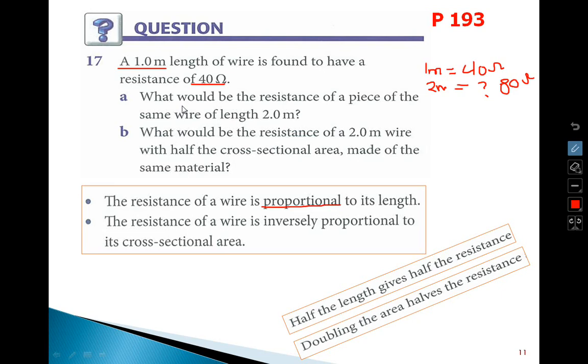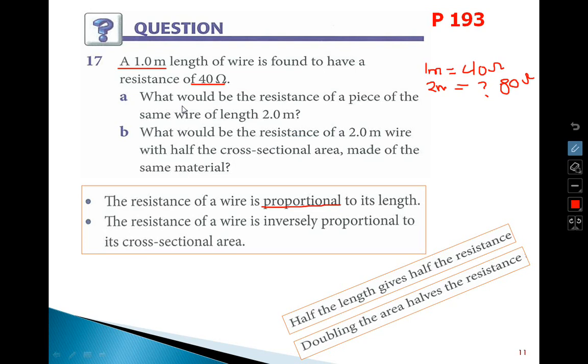We mentioned that there is a strong relation between the value of R and two things. The resistance of a wire depends on two things. First one is its length.